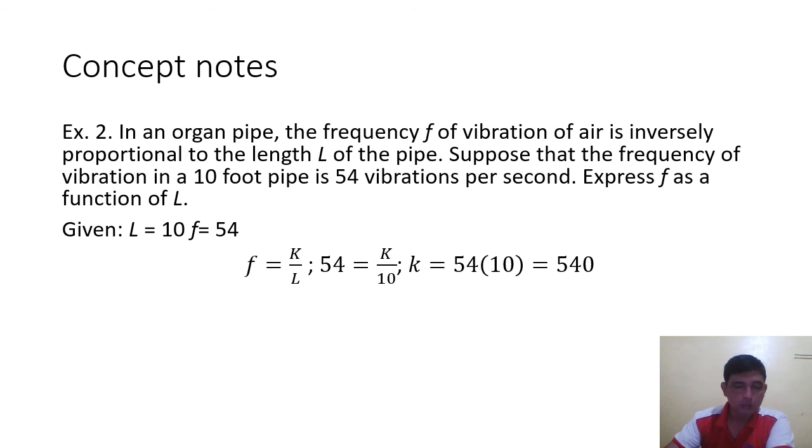Given the frequency 54 and the length 10, substitute, then solve for K. Cross multiply: K equals 54 times 10 equals 540. Then use L as the variable to express F as a function of L. This is the result: F of L equals 540 over L.